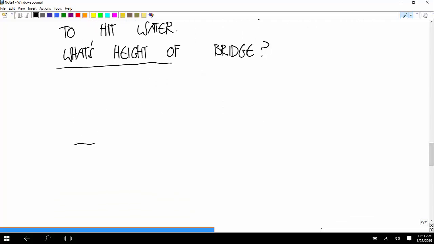Okay, so here's the side of the bridge. Here's you dropping, you're just trying to get your hand to right at the height of the bridge.